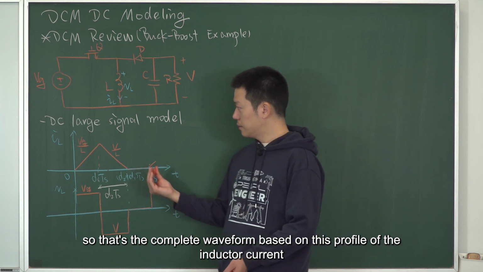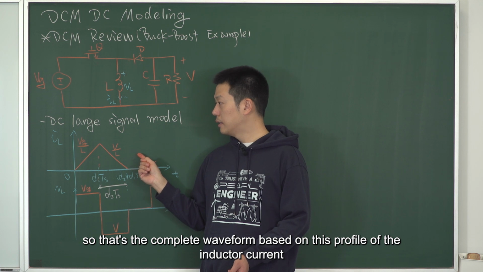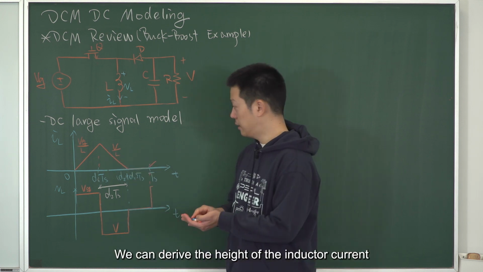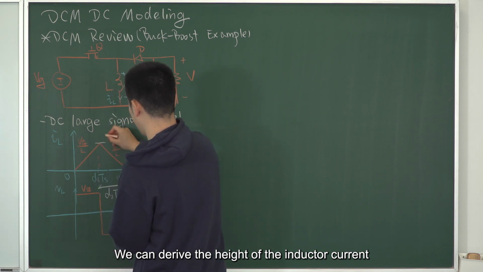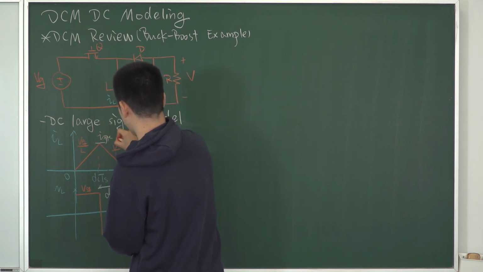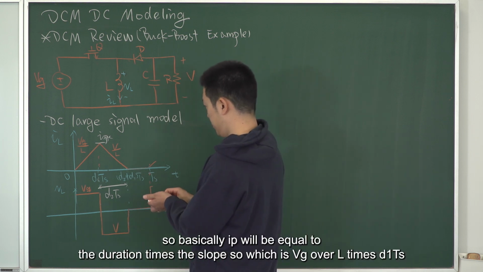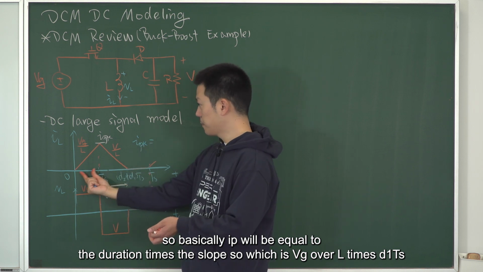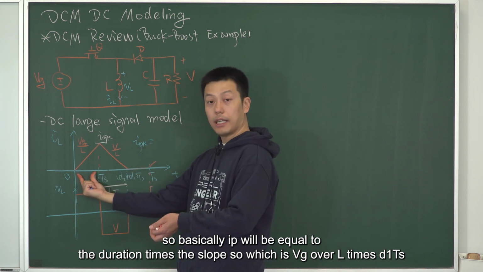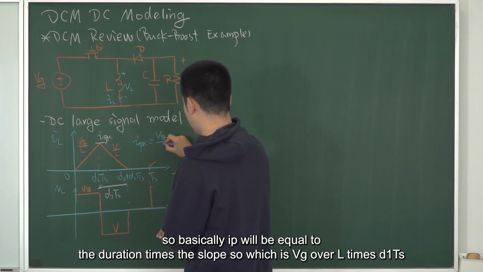Based on this profile of the inductor current, we can derive its height, which we denote as I peak. I peak can be easily solved, right? Basically, I peak equals the duration times the slope, which is Vg over L times D1 Ts.